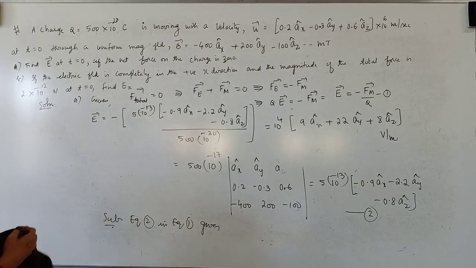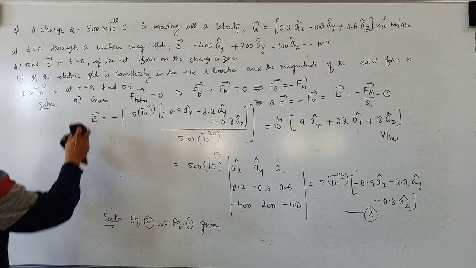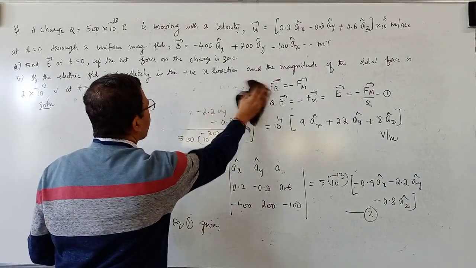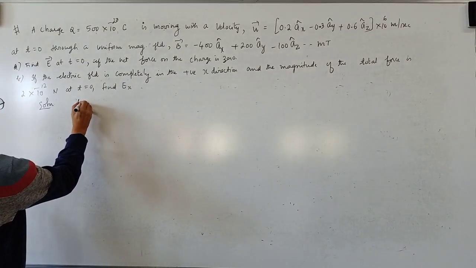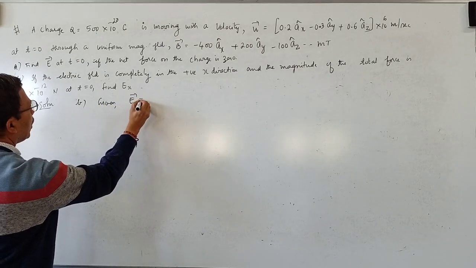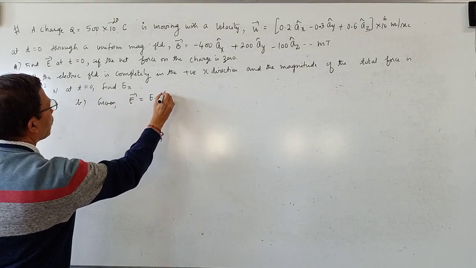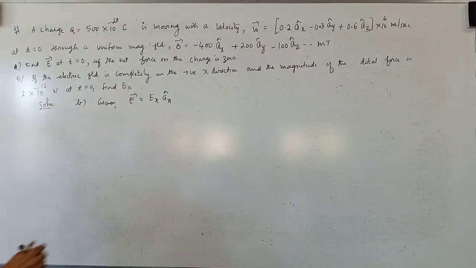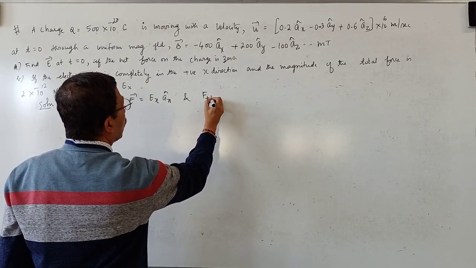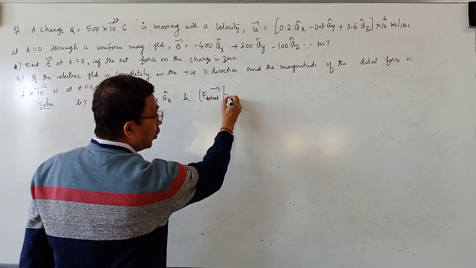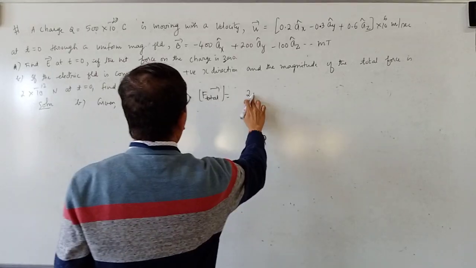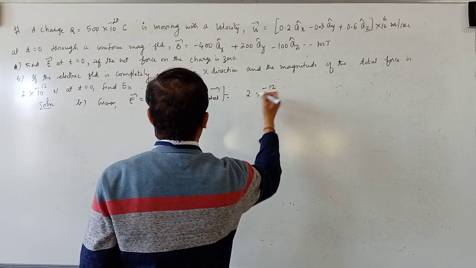Next I will move to part B. Part B, given vector E is equal to Ex into Ax cap, because he said electric field is completely in the positive x direction, and magnitude of the total force is equal to 2 into 10 to the power minus 12.